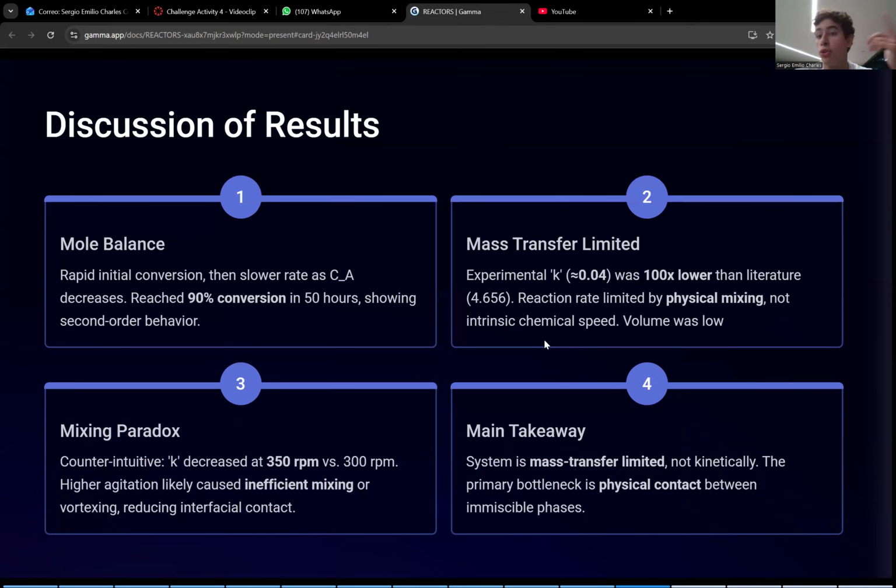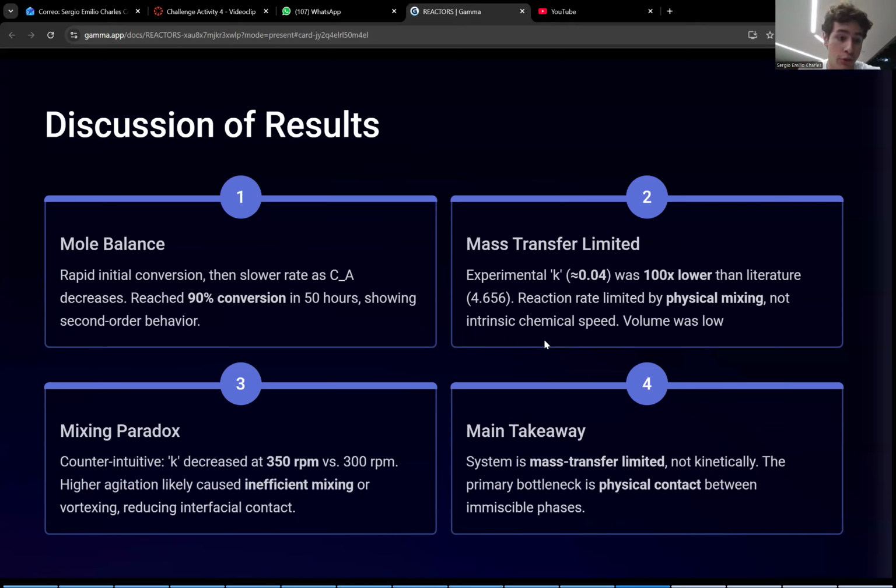Well, our results, basically, we reach 90% conversion, but in 50 hours, showing a second order behavior. We have mass transfer limitations. Experimental k was 100 times lower than literature k. We think that it's about the physical mixing, not the intrinsic chemical speed, and the volume was low in the lab.